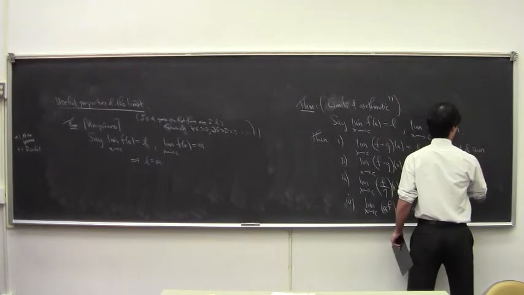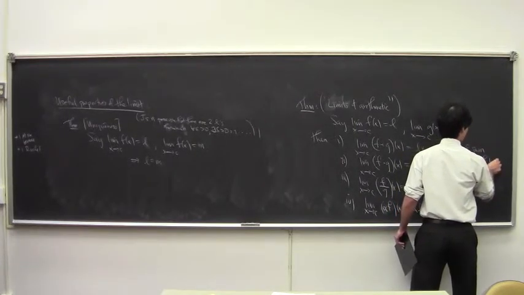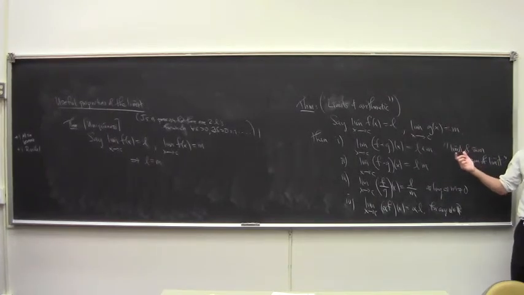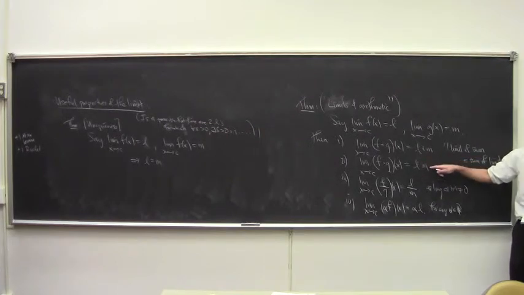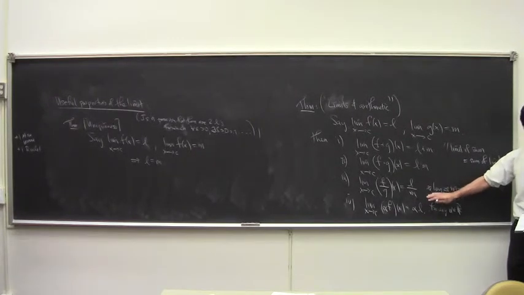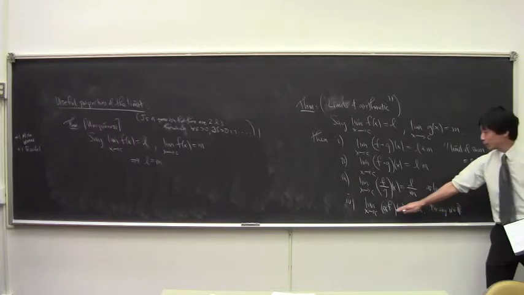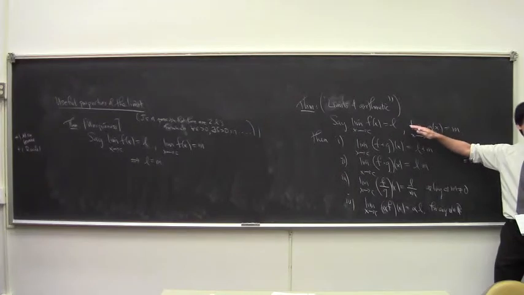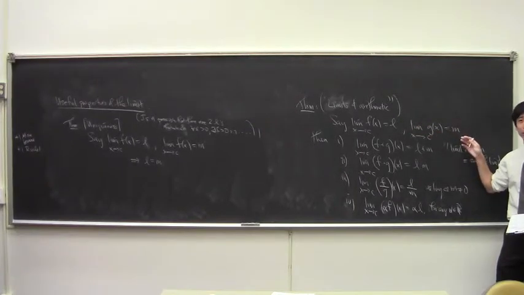In other words, it doesn't matter what order you do it. You can take the limits first and then sum them, or you could sum them and then take the limit. One way may be easier than the other. Similarly, the limit of a product is the product of limits. The order doesn't matter. Limit of the quotient, et cetera. This last one is if you multiply the function by some number, like 5, then the limit of the multiplied function will be 5 times the limit of the original.